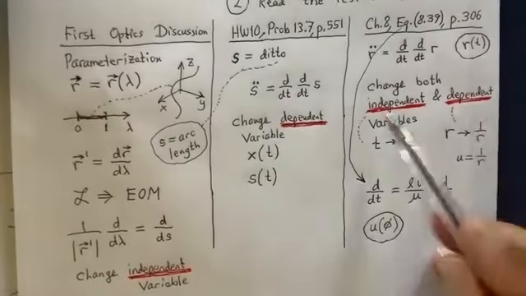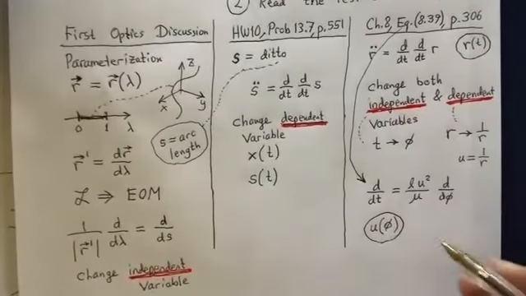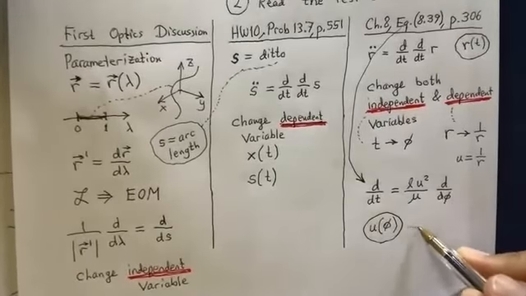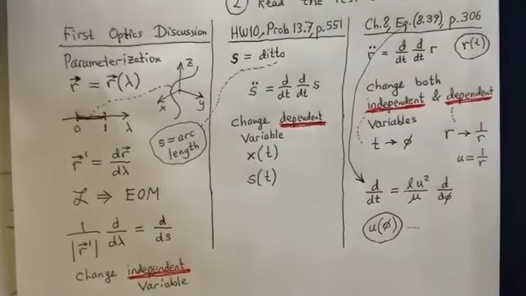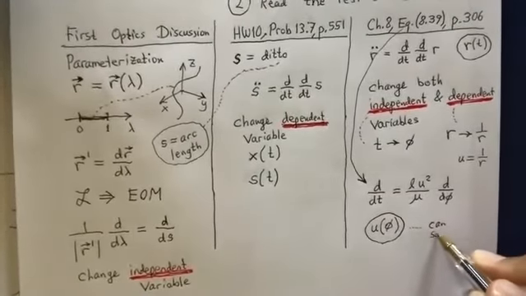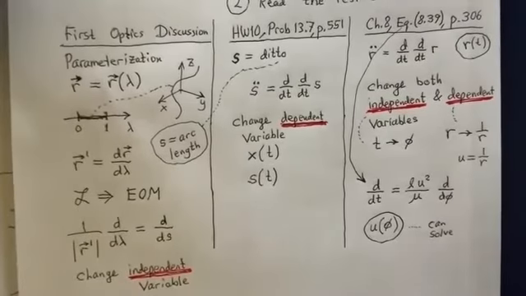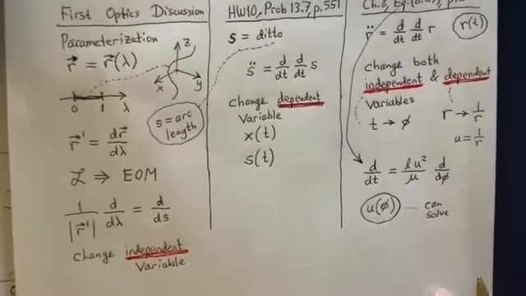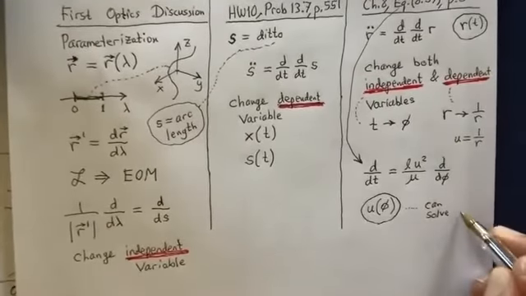So we transform both the independent and the dependent variable, and here's where we get one of the central results. We can solve this, we recognize this as one of our equations from chapter 5, and we get the shape of the orbit.